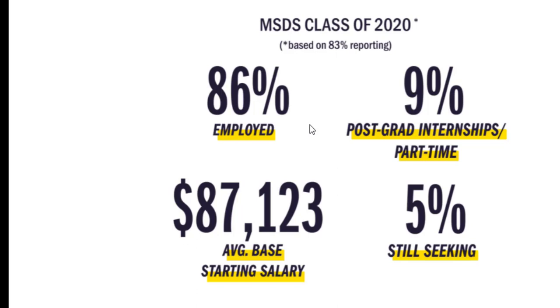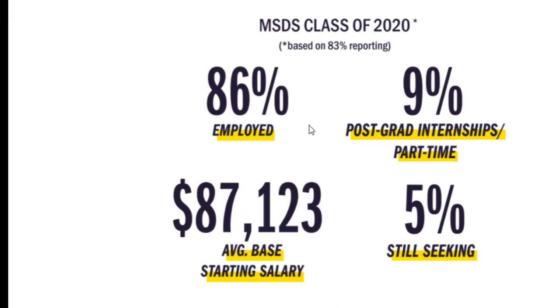So it's a very tiny number. And look at the average base starting salary. They've got 87,123 US dollars. In contrast, the admission fees that you were giving was 51,442 US dollars. So look at the return on investment. That is something that you're going to look out for. You've got a base salary of 87,000 in your pocket once you graduate from this university.